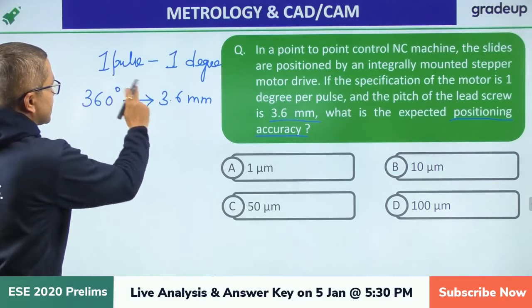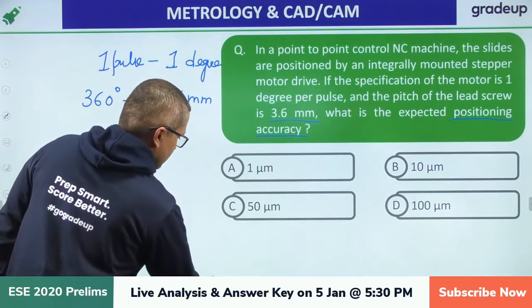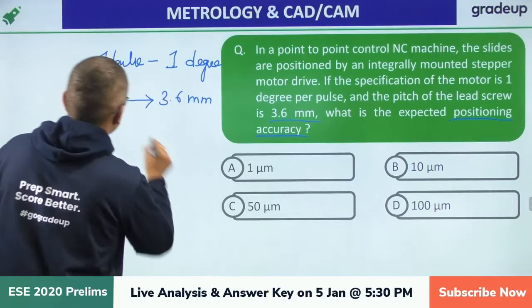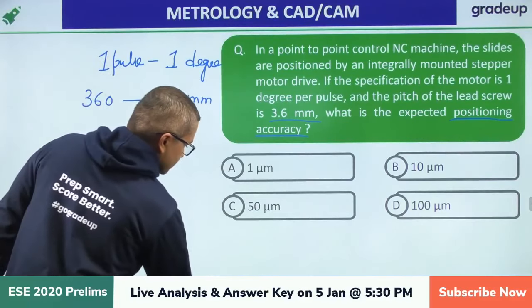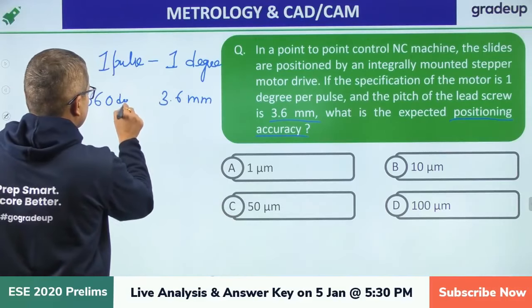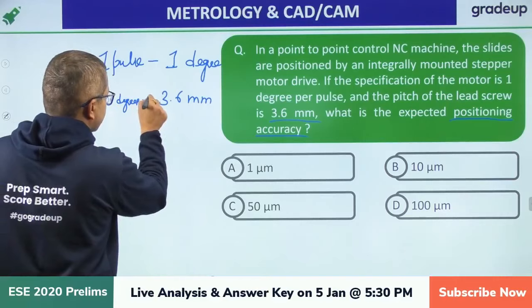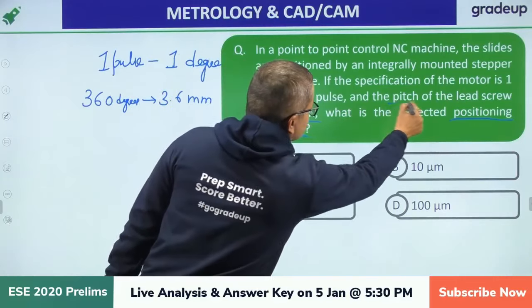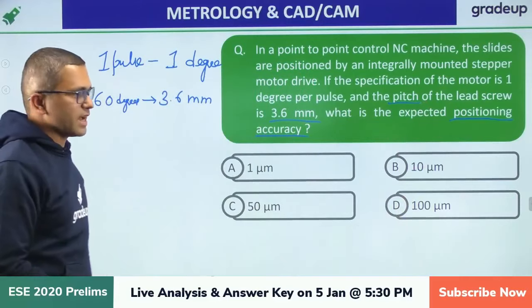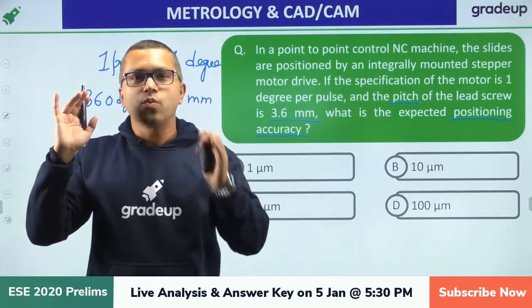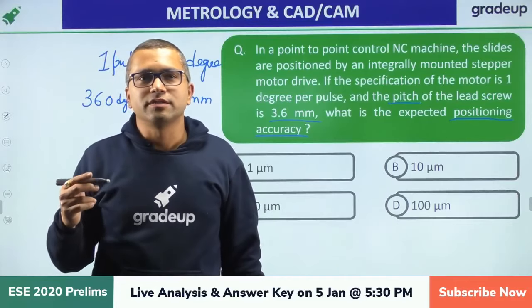So okay, let me make it consistent over here. I'm going to write degree. 360 degrees correspond to 3.6 mm because pitch is given. Okay, pitch means that how much the table moves in 1 complete rotation.